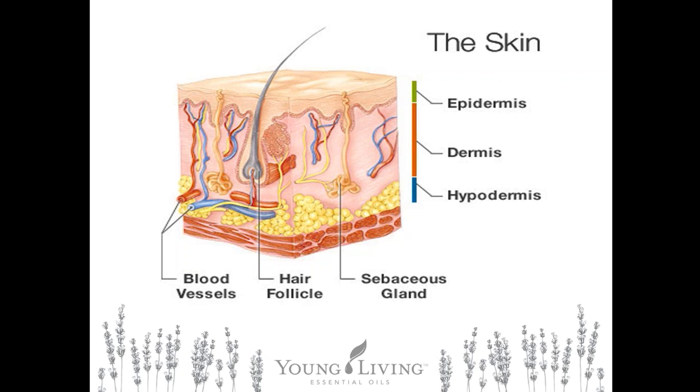So just think about when you're placing those oils, if you're doing raindrop technique, or if you're just putting some of the oils on your hand and putting it across the back of your neck, you can see how your skin will absorb that, not only through the hair follicles and the sebaceous glands, but you've also got blood vessels that are right there under the epidermis of your skin. And that all helps to carry all of the constituents of the oils through our bodies.